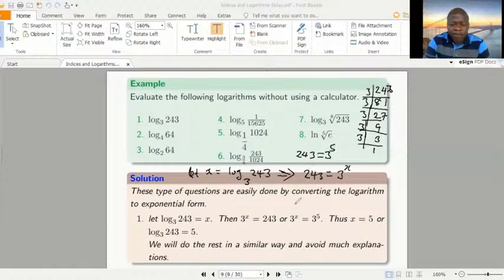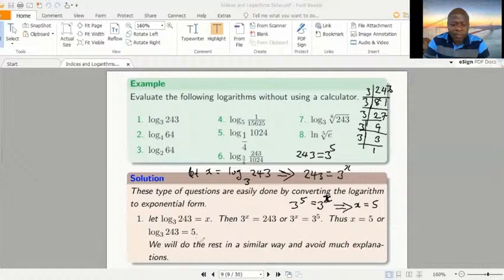So what I have is 3 raised to 5 equals 3 raised to x. When the bases are the same, then it means the powers are also the same. So that means x equals 5. When the bases are the same, 3 and 3, we can equate the powers.